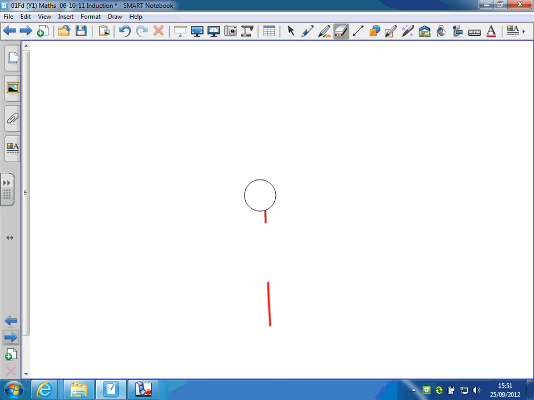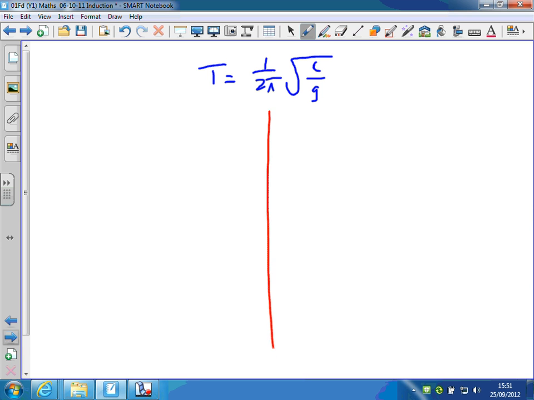let me write the formula at the top, so we've got it to refer to. Root L over g. Now, I'm going to generate this right-hand side. So I'm going to start off with L. As a reminder, without looking at the notes you've just been taking, what's the first thing I'm going to do?